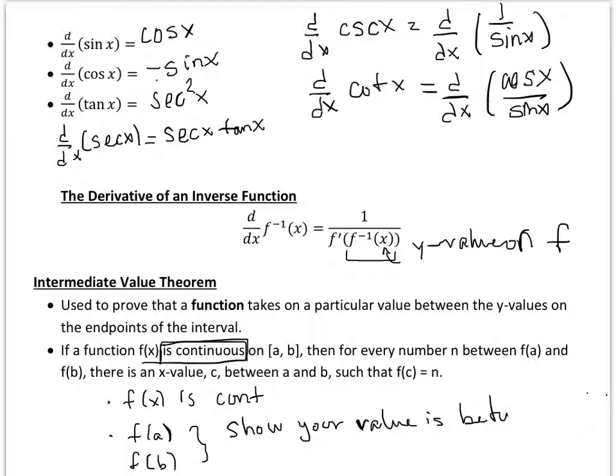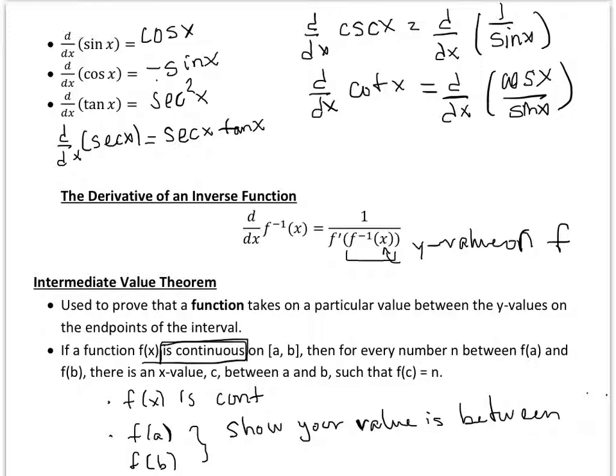So in short, what the intermediate value theorem says is that as long as a function is continuous on an interval, then it has to travel everywhere between f of a and f of b. In order to get from f of a to f of b, it has to travel through every y value in between f of a and f of b.